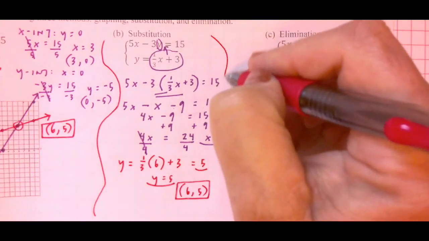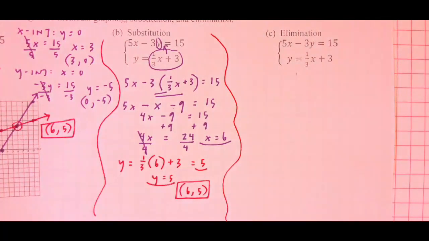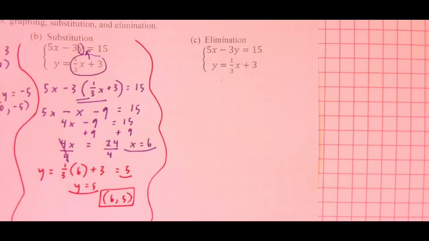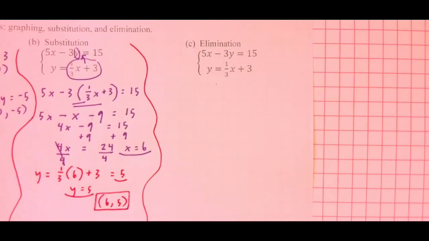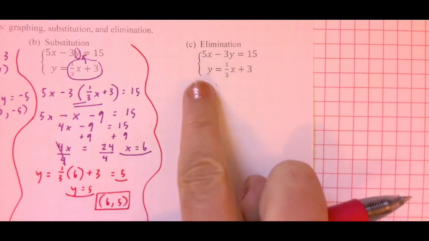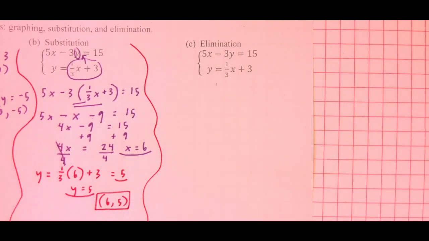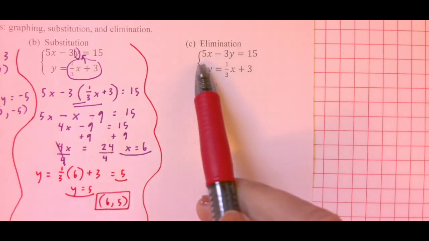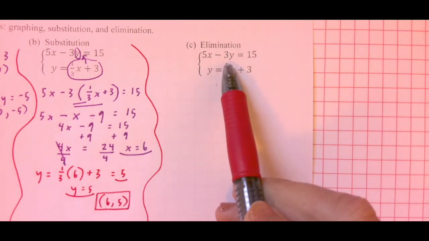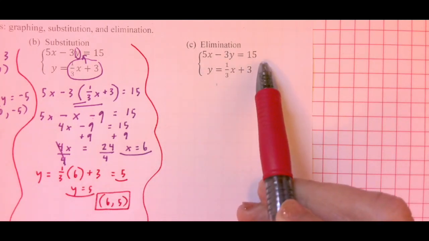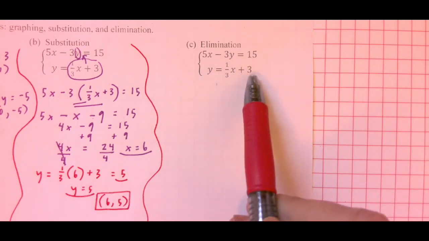Okay, last method that we use is elimination. So over here, I have my two equations, and I want them to be stacked in the same way. I want to see my x's together, my y's together, and then my constant on the other side. So I'm going to start by reorganizing that second equation.